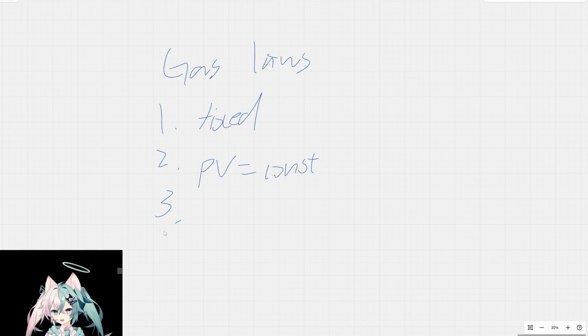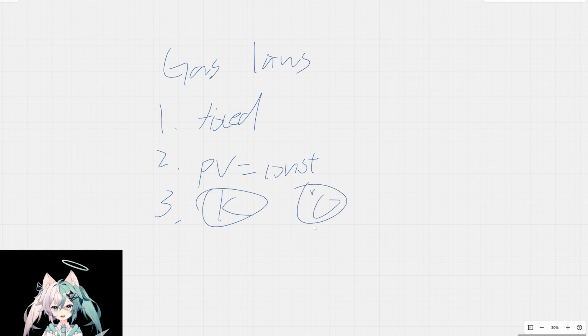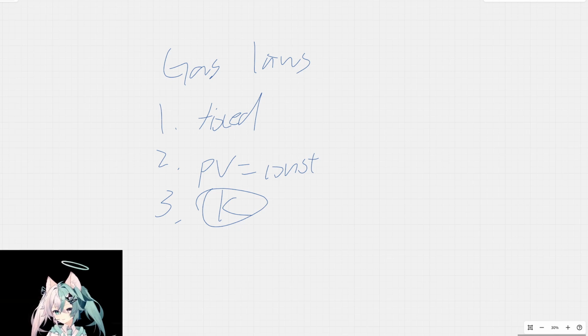The pressure law states that at constant volume, the pressure P of an ideal gas is directly proportional to its absolute temperature T. Note that all of the temperature is absolute temperature, so we are going to measure it in Kelvin instead of degrees centigrade. Why does my C look like a circle? So those are the things that we need to mind.